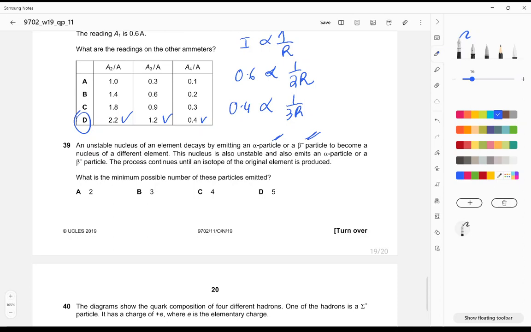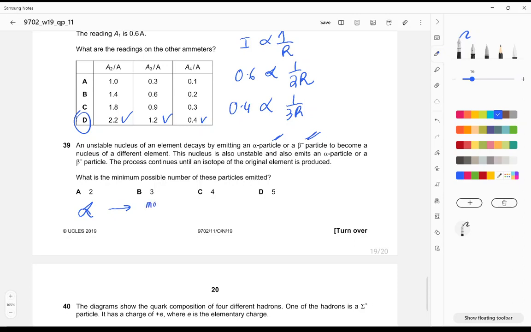Now, this is a very smart question. Emitting an alpha particle or a beta particle to become a nucleus of a different element, this is also unstable and also emits an alpha or a beta particle. So let's first of all look at this fact. Whenever we have an alpha emission, the top number decreases by 4.